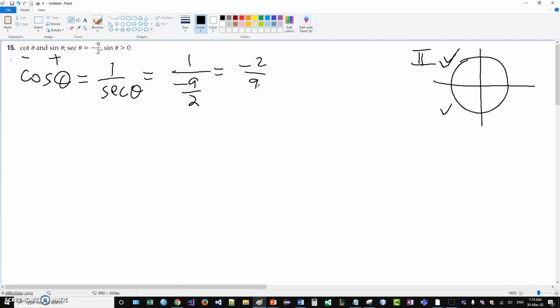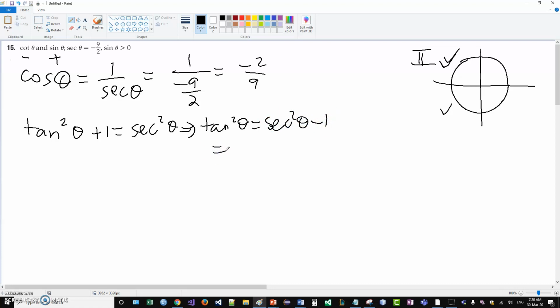Alright, now since we have the secant theta, we can find tangent theta. Tangent squared theta plus 1 equals secant squared theta.